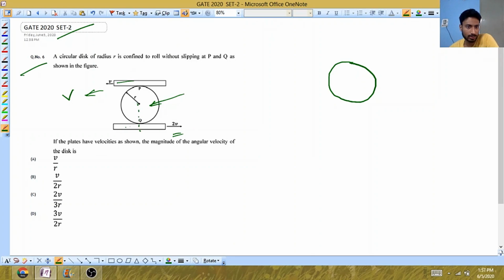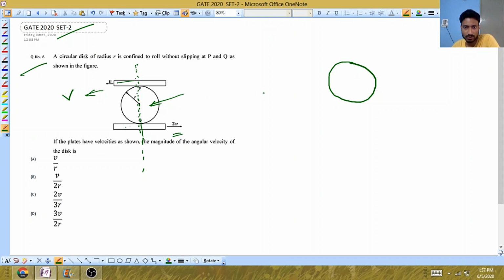So it will be along this line, and here also you can see the velocity is in this direction. So I-center of this will also be along this line, but we do not know where it is lying.